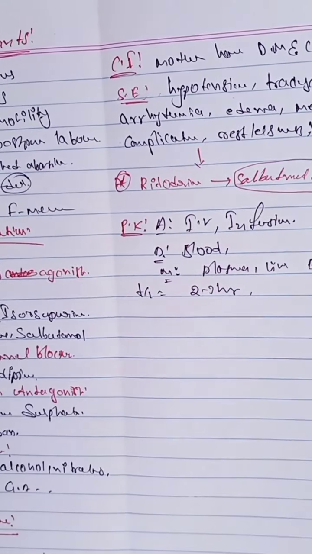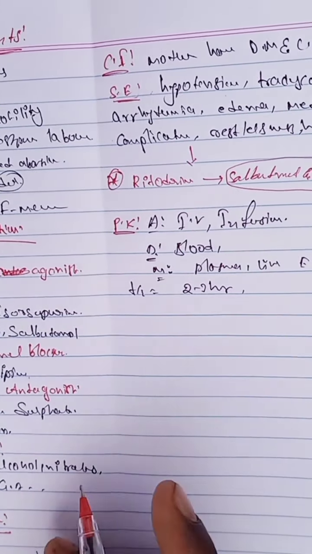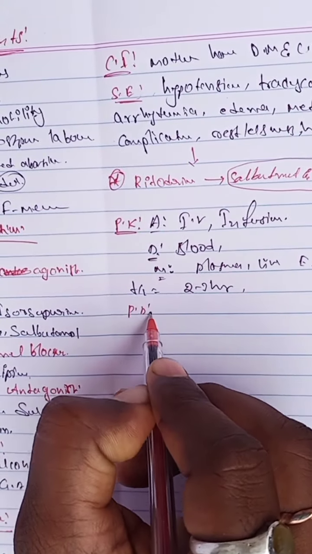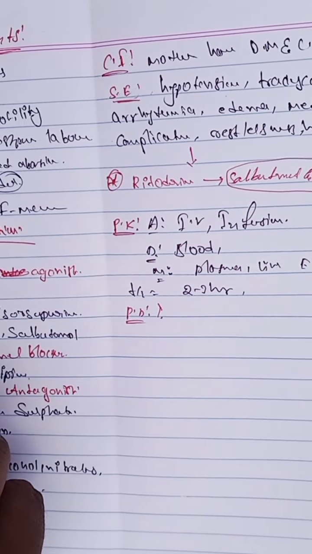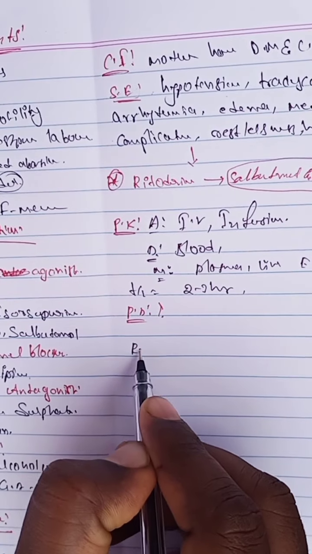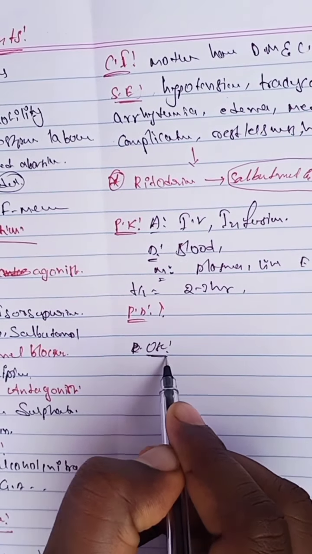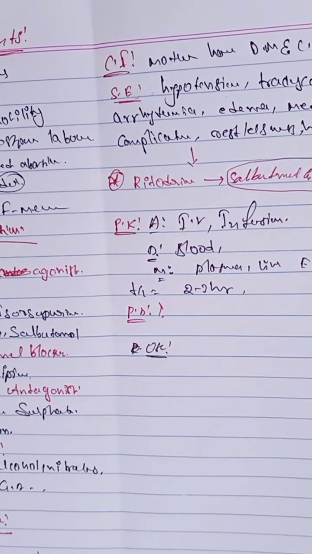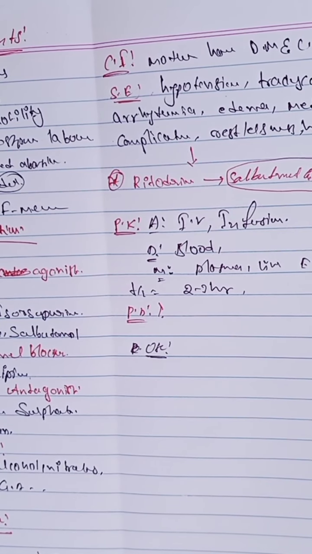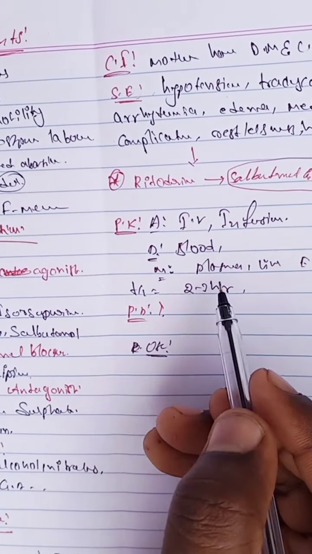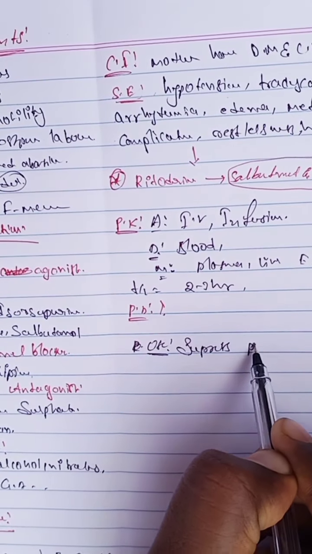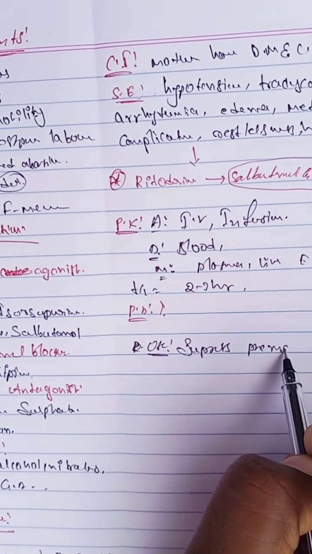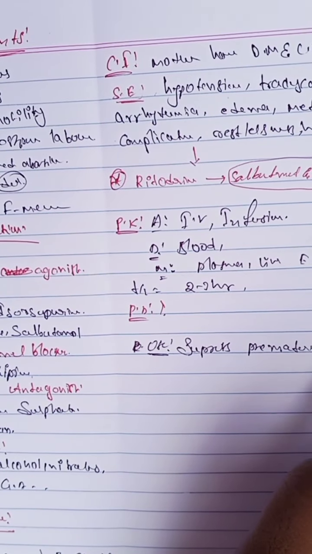So this is about this particular drug, and write the pharmacodynamics. That's your work. And the next one, uses of this particular drug. It suppresses premature labor.